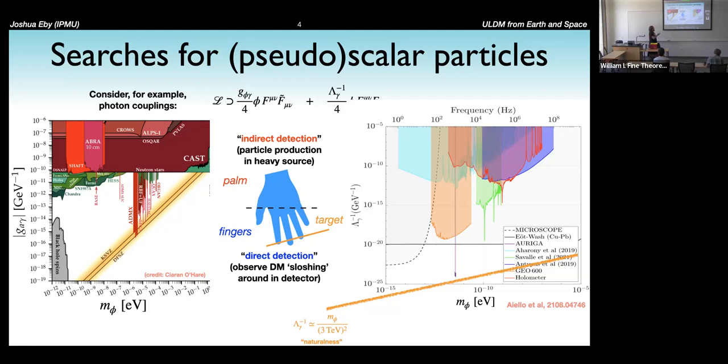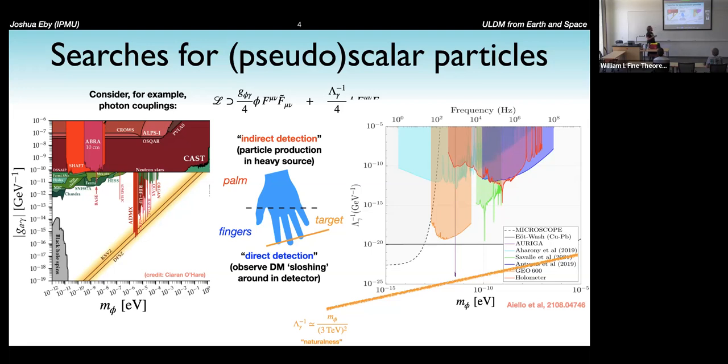For scalar couplings, this actually appears as a fifth force, a non-1/r potential between two massive objects that are sending scalar particles one to the other. And there the constraints are sort of here. These are both on photon couplings, by the way. But again, over a wide range of particle masses, these kinds of constraints are usually flat.